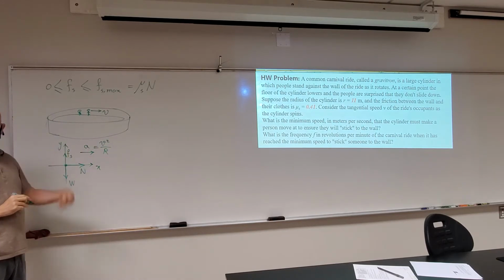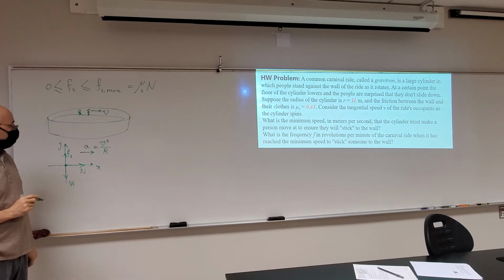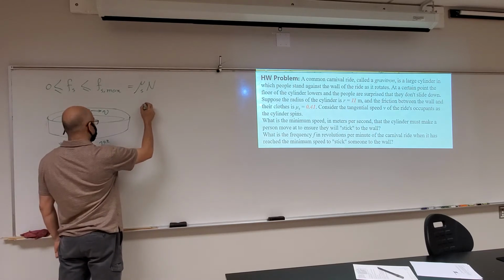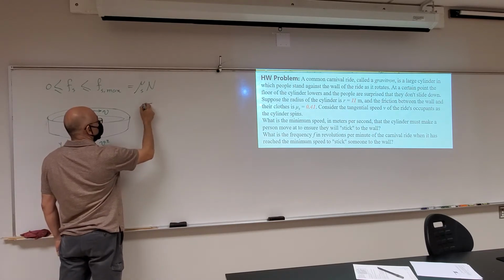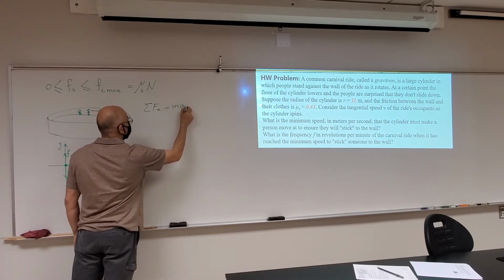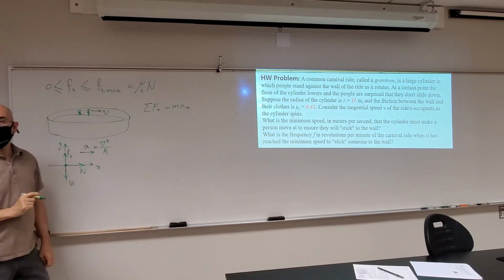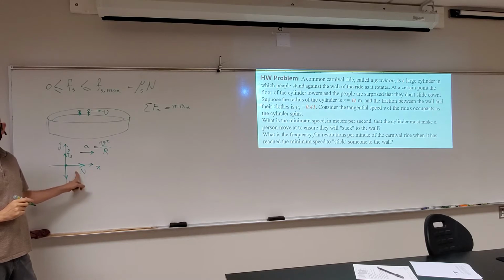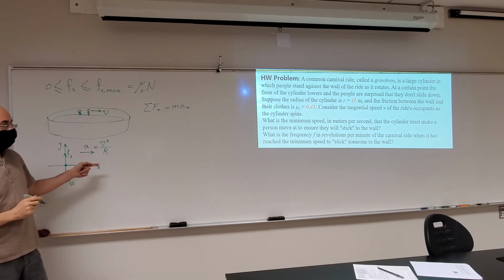All right, now we can do Newton's law. In the x direction, the sum of Fx equals m ax. What are the x components? Only the normal force, in the positive x direction.